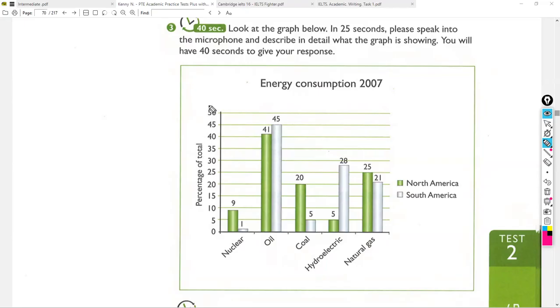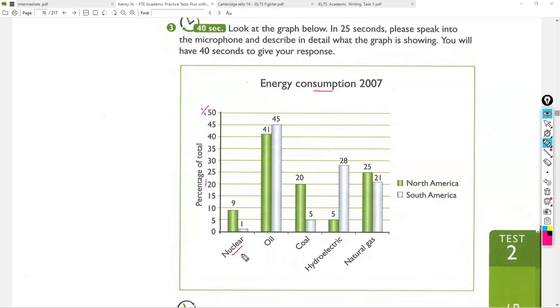Okay. So here we have percentage. For example, 50 percent of consumption of this source of energy. And here we have 45, 40. This is the percentage of consumption of energy. Now let's talk about the consumption of nuclear.